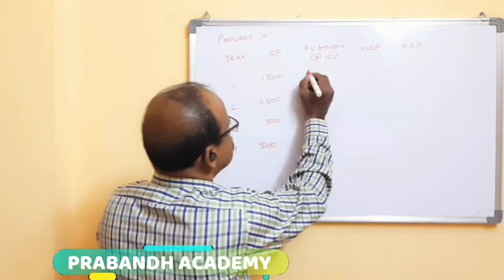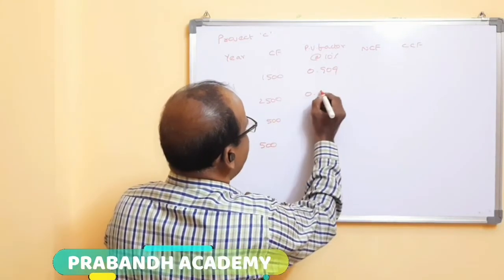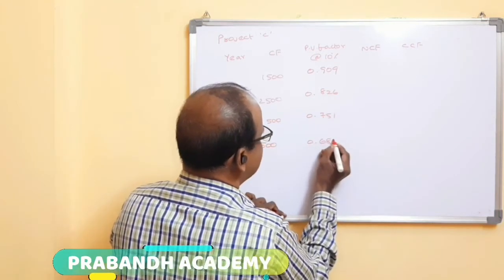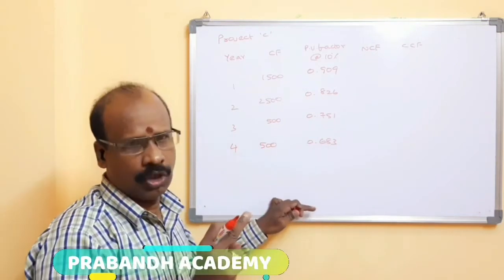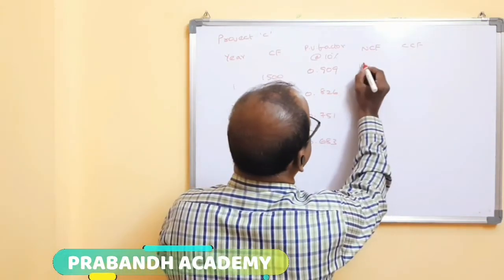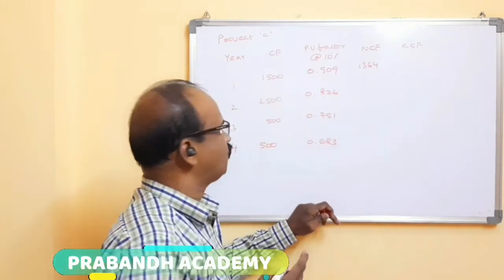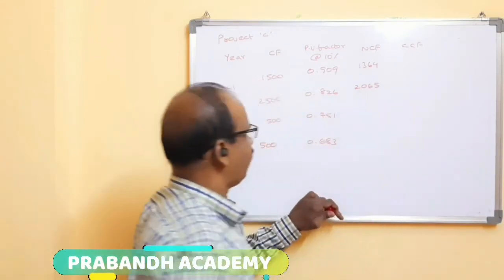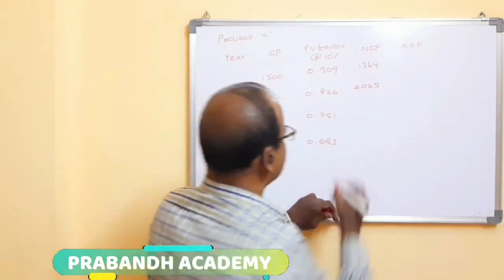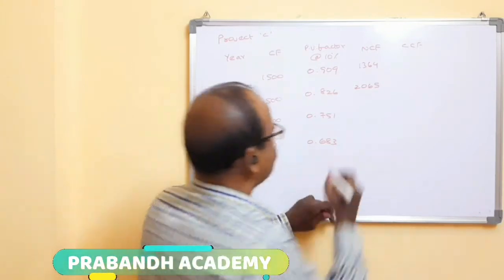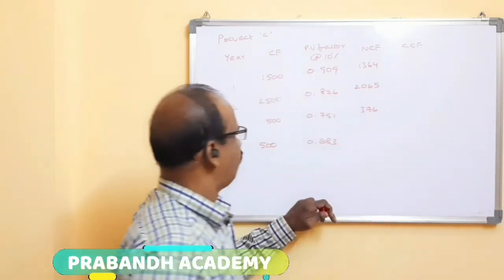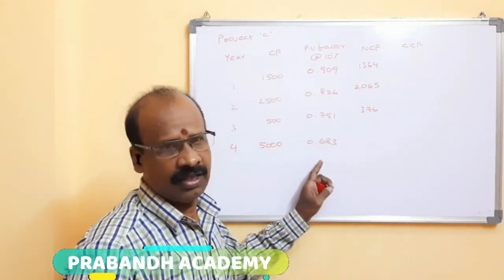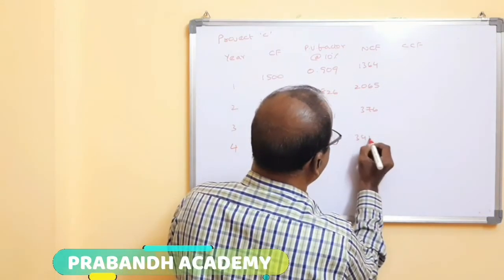Now PV factor 0.909, 0.826, 0.751, and 0.683. Now 1,500 into 0.909, we get 1,364. 2,500 into 0.826, we get 2,065. 500 into 0.751, we get 376. 5,000 into 0.683, we get 3,415.